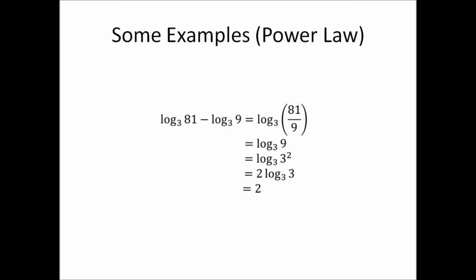So right now you see that the base power and the 3 over there, they are the same. First of all we bring down the power 2 outside, so it becomes 2 log 3 3. And since the base power and that number are equal, actually it is equals to 1, and 2 times 1 will be 2, and that will be the answer.